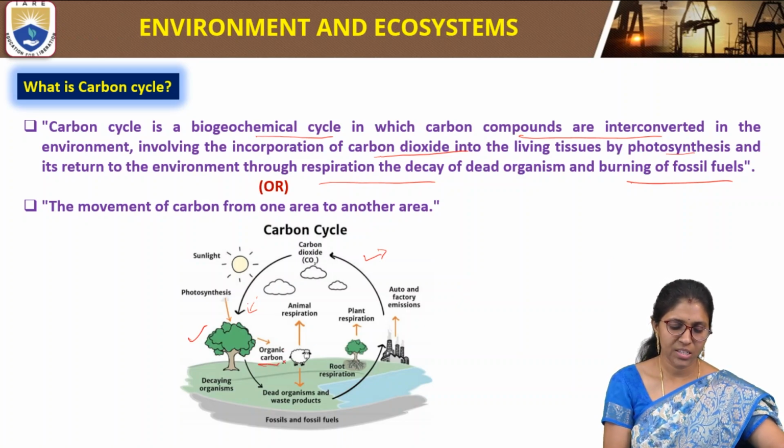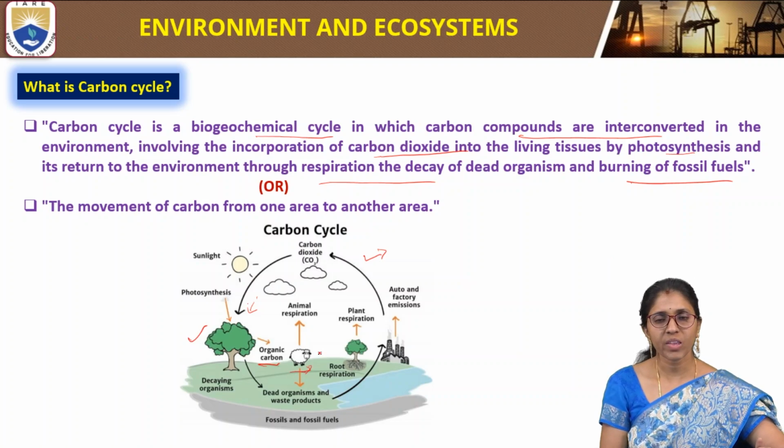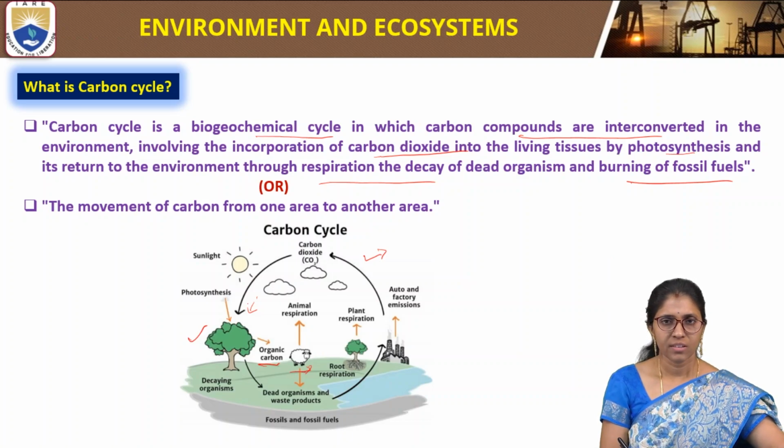So these carbohydrates are consumed by the consumers, and finally during animal respiration, during root and plant respiration, and also by the burning of fossil fuels and decay of dead organisms, we will get carbon dioxide again into the atmosphere.